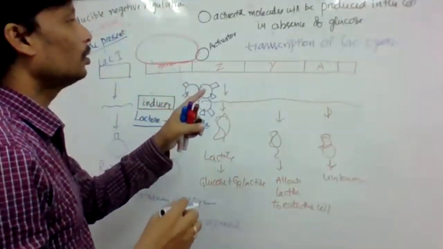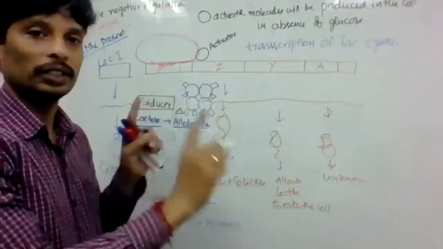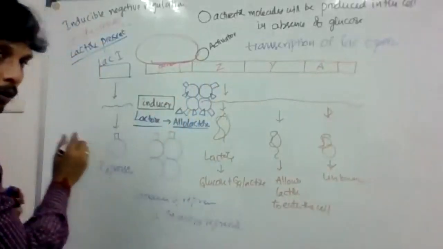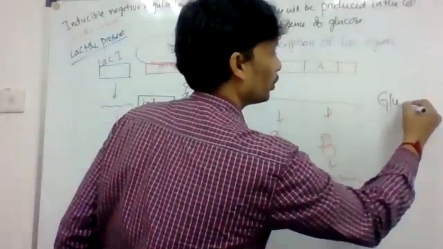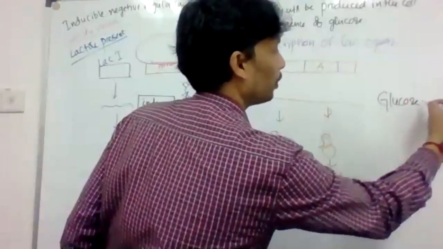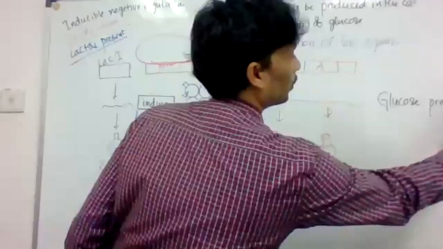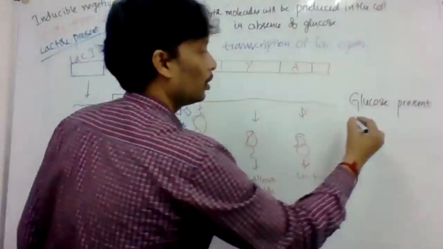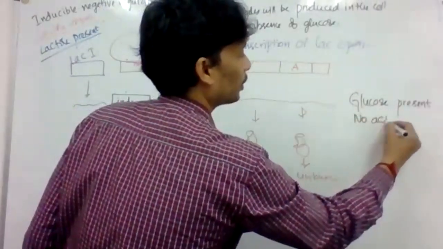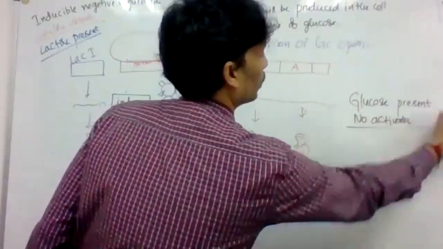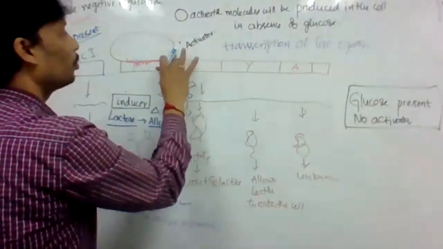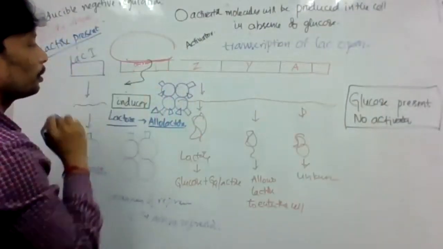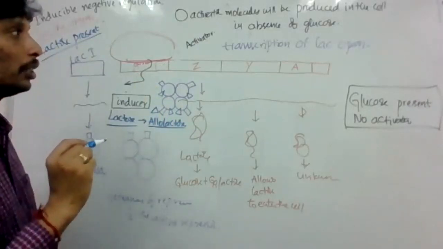So now the idea is glucose presence and glucose absence. When glucose is present, what happens? No activator. When there is no activator, what happens? The RNA polymerase falls off from the region, and there is no transcription.